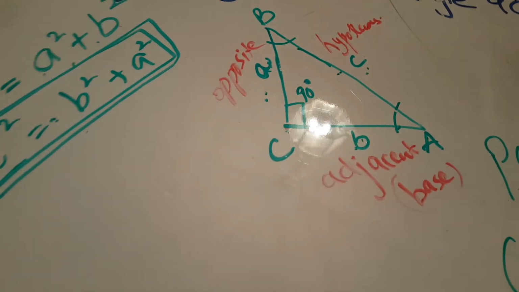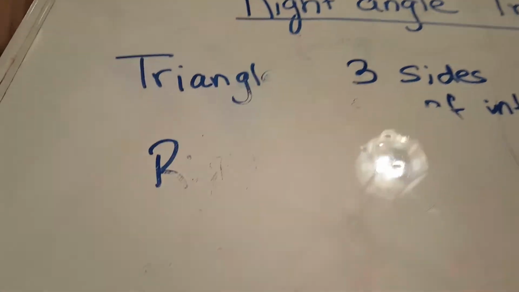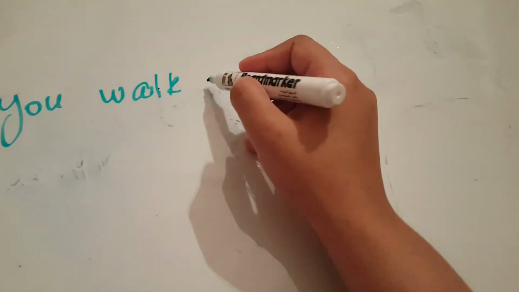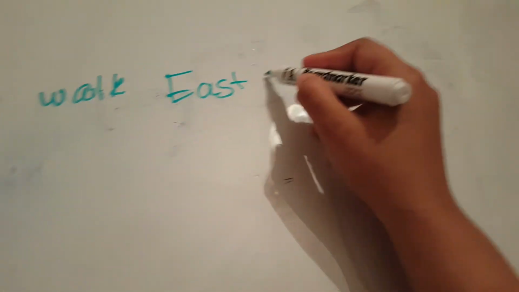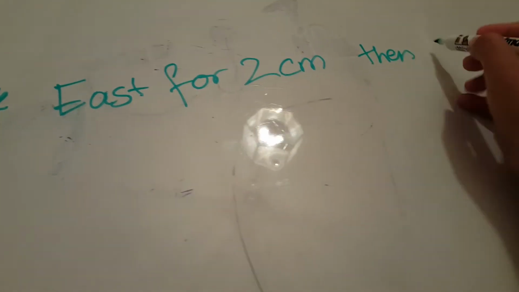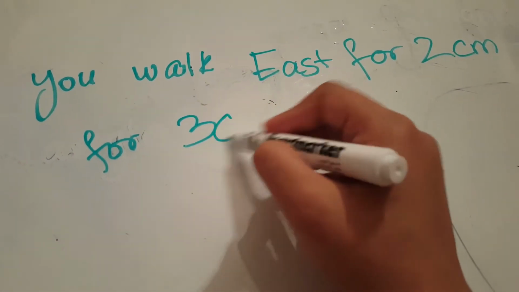Okay, let's solve one example related to this. The problem states that you walk east for 2 centimeters, then north for, let's say, 3 centimeters.